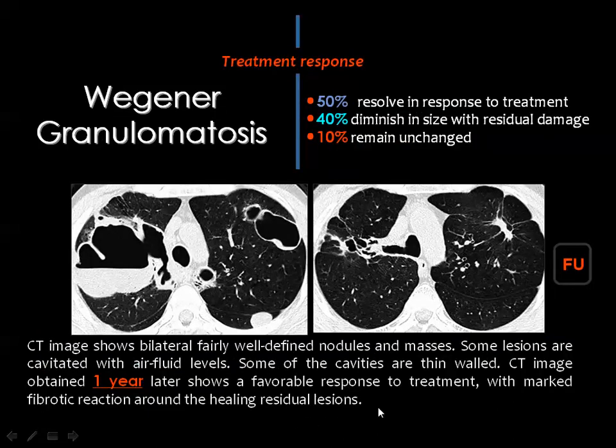Then the treatment response of Wegener granulomatosis: 50% will resolve in response to the treatment, 40% will show partial regression of the disease with residual damage of the lung, and 10% of the patients will remain not responding to the treatment. And this is a case of Wegener granulomatosis with follow-up after 1 year, showing regression of the cavities and the nodules with residual pulmonary fibrosis and traction bronchiectatic changes.